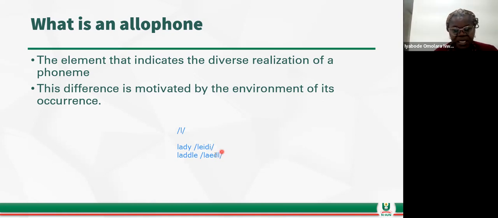The position it is now holding has affected this sound. So it is the same phonemic realization, but it has changed due to the position it is holding now.